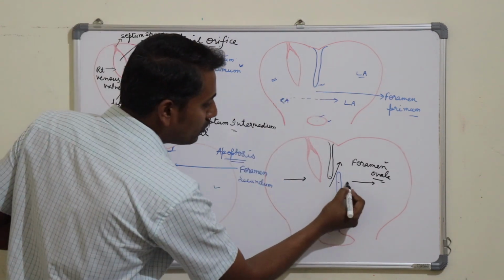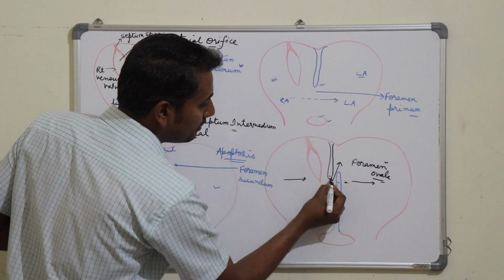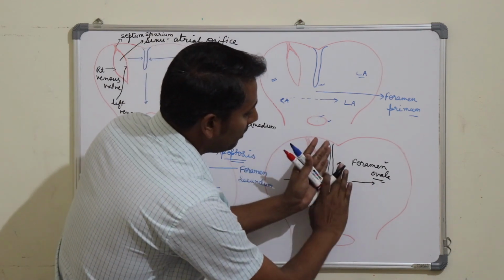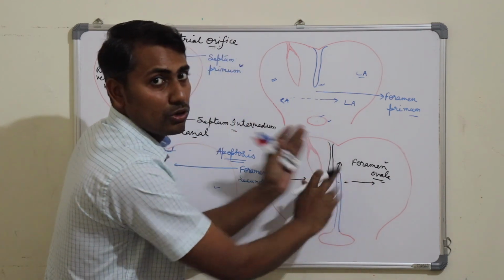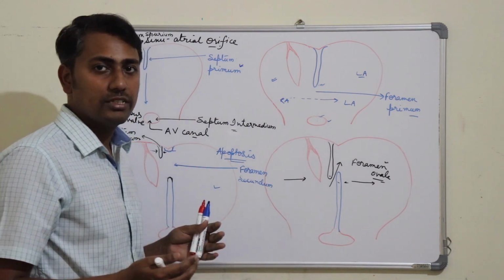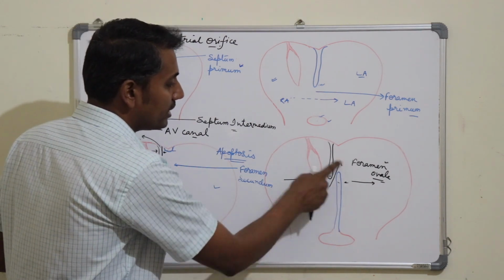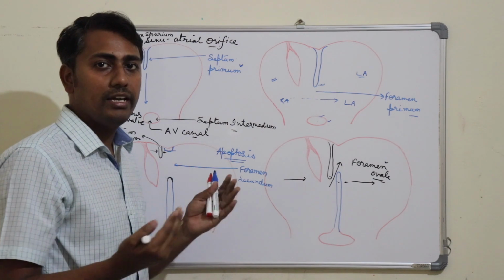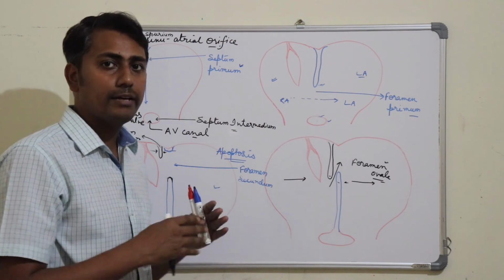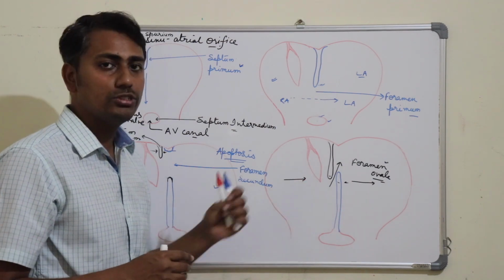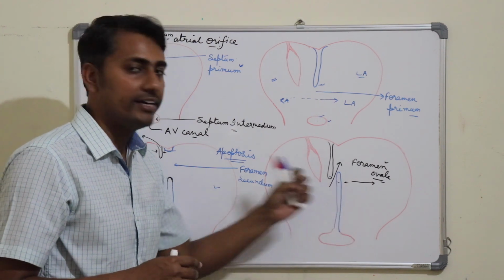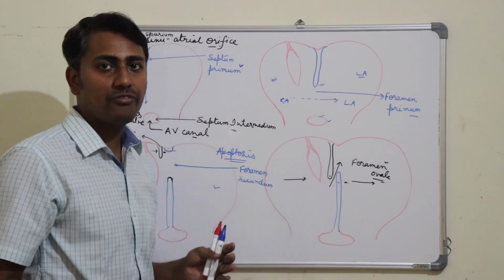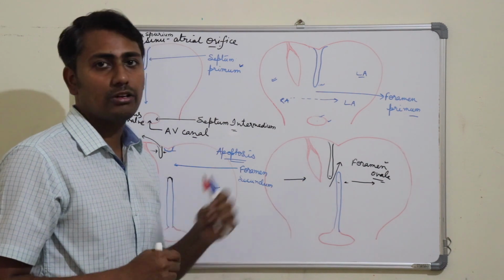Therefore, it will push the septum primum towards the septum secundum, and this foramen ovale will get functionally closed. So, at birth, it gets functionally closed due to the increased pressure in the left atrium, and at 3 months of age, it gets anatomically closed.